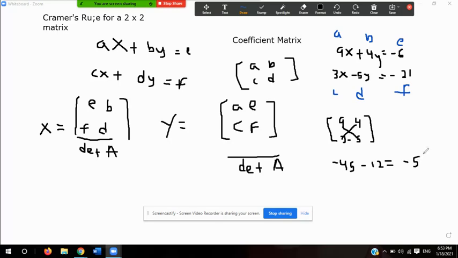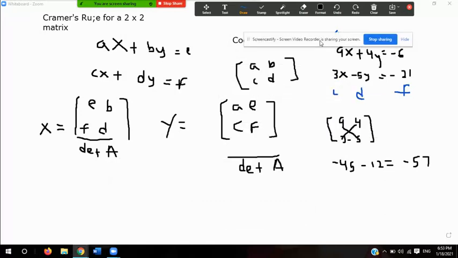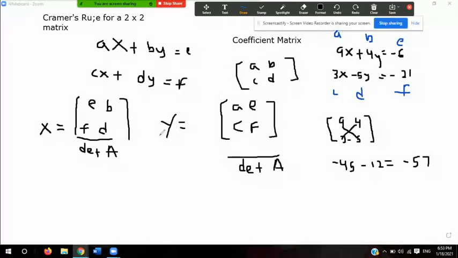Now we're just going to plug the numbers into the variables and solve for x.